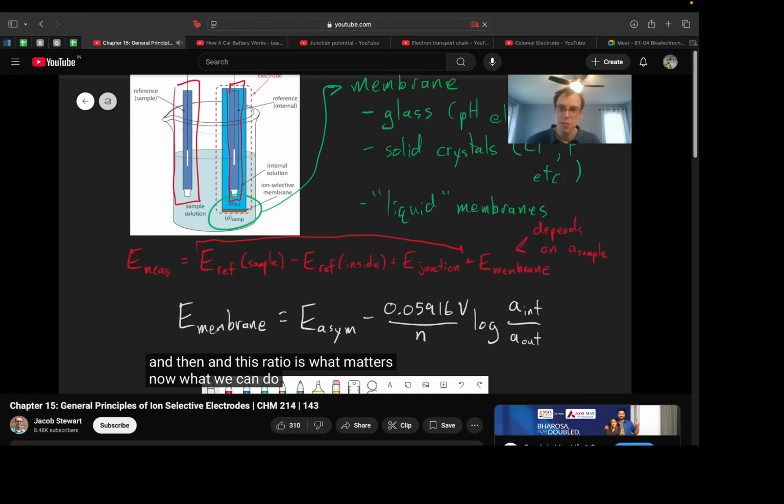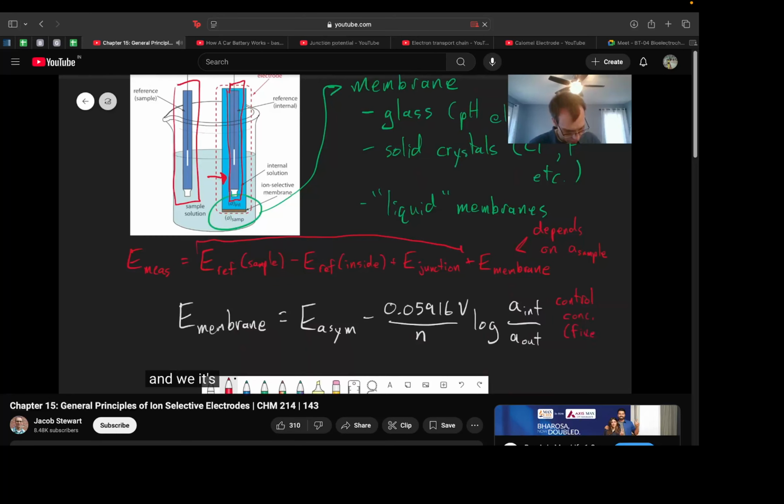Now, what we can do is this internal solution, right, this right here, let me pick a different color you can actually see. Let's do red. This right here, this internal solution, we control this concentration.